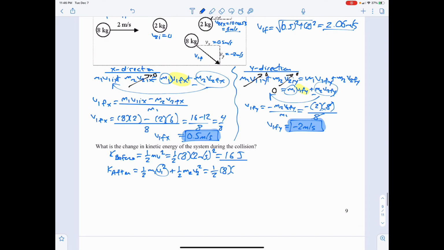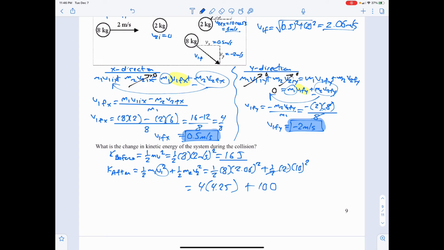So 2.06 squared, and then plus 1/2 times 2 times 10 squared. Now 2.06 squared was 4.25, and then half of 8 was 4. So we have 4 times 4.25 plus 100, since half of 2 is 1 and 1 times 10 squared would be 100.